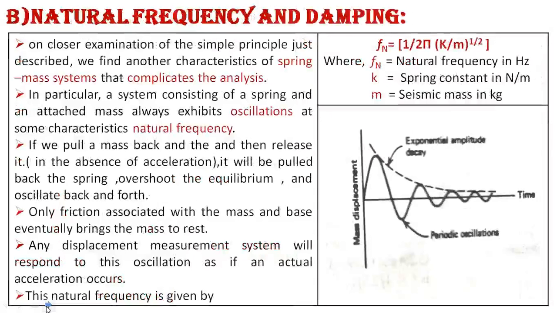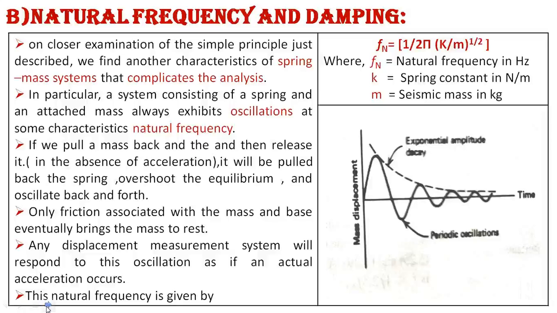Next concept is the natural frequency and damping. On closer examination of the simple principle just described, we find another characteristic of the spring mass system that complicates the analysis. In particular, a system consisting of a spring and attached mass always exhibits oscillation at some characteristic natural frequency.